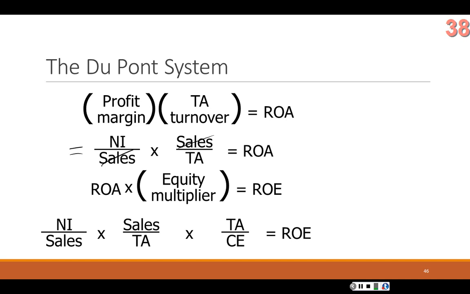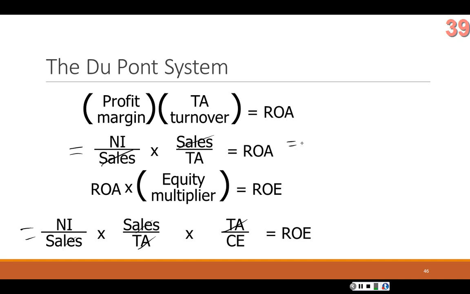So if you look at this via formula, net income over sales times sales over total assets, the sales cancel out, then multiply that by total assets over common stockholders' equity, and the total assets cancel out. So that's net income over common shareholders' equity to give you return on equity. So this ties together profitability, asset efficiency, and the use of debt.